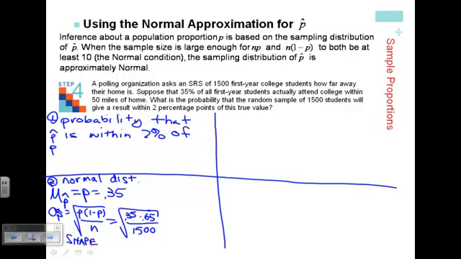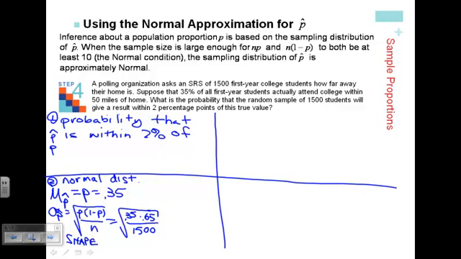What about the shape? What's the shape of the distribution of p hat? I really hope it's normal. Can you give me a convincing argument that it is? Remember the conditions that say we can say it's normal if we expect at least 10 successes or 10 failures. If I interview 1,500 people and ask them, do you go to school less than 50 miles away from home?